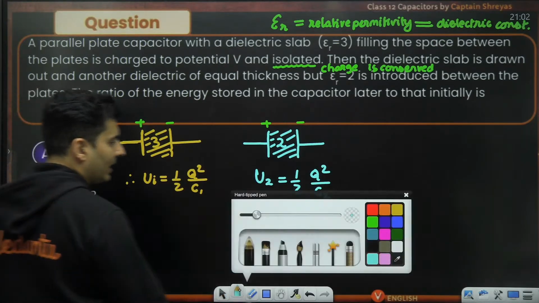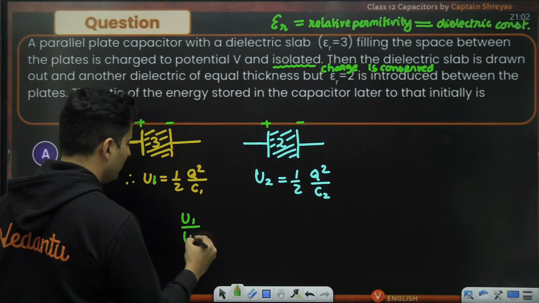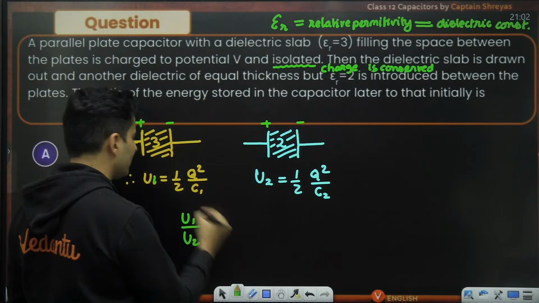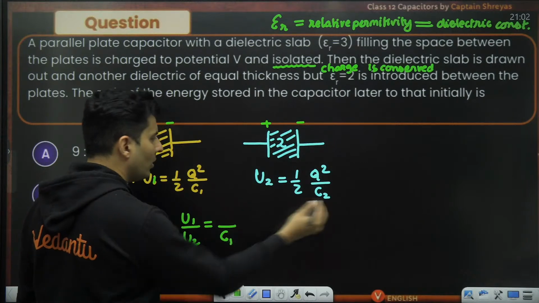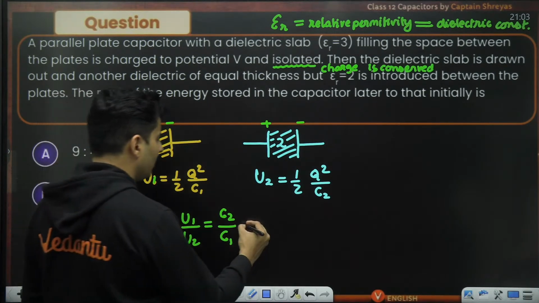So if I take the ratio of both of them, which is u1 by u2, half q square, everything is the same. Here I will get C1 below and here I'll get C2 on the top. So it will be C2 by C1. But wait a minute.